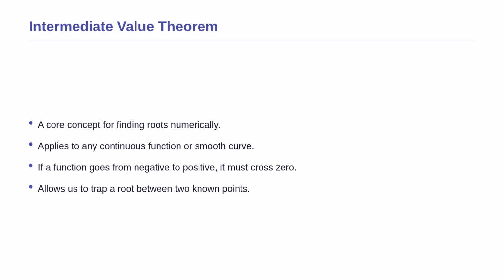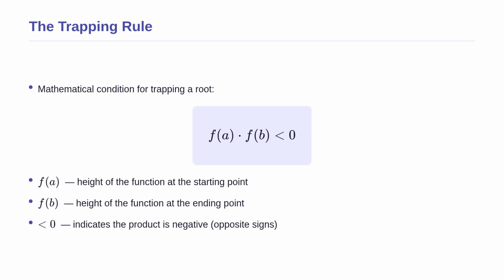A continuous function simply means a smooth curve that you can draw without lifting your pen. If you walk from a valley below sea level to a mountain peak, you absolutely must cross sea level along the way. This brings us to the mathematical way of writing the intermediate value theorem's trapping rule.